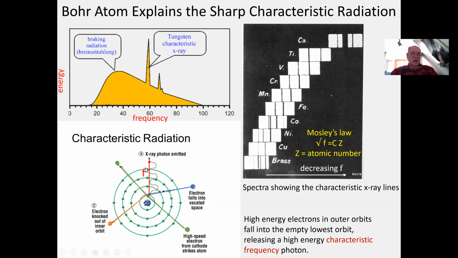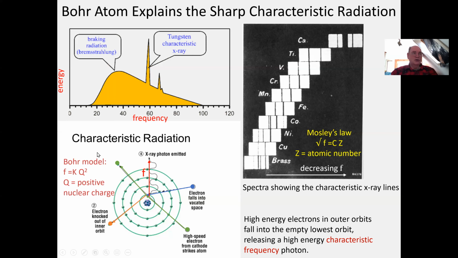What's causing this is this process here of the electron coming in, hitting the metal, the cathode ray electron coming in and knocking out the electron inside the atom, and then an outer electron in that atom falls down, and in the process, as we know, gives off a certain frequency.